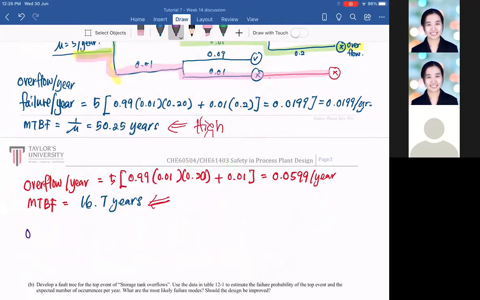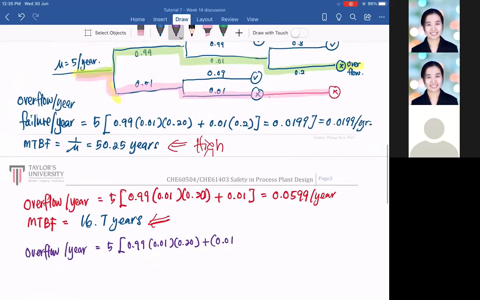So now our overflow per year will be 5 times... this one still the same, 0.20 plus 0.01, times 0.01 times 0.02. Oh, sorry, there's no 0.02 here. So we assume that the operators will only react to alarm.